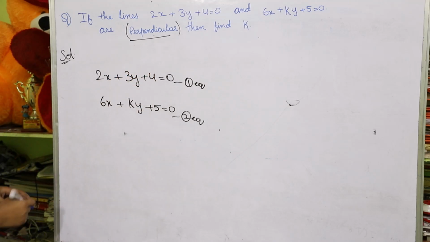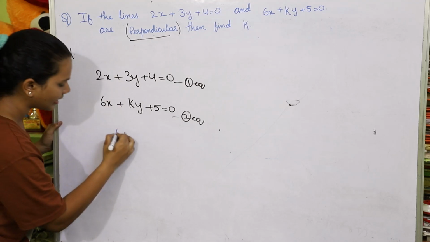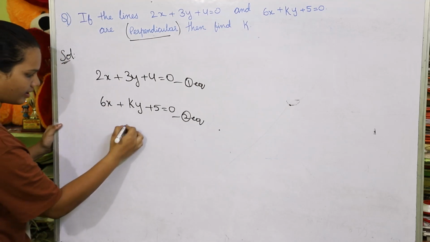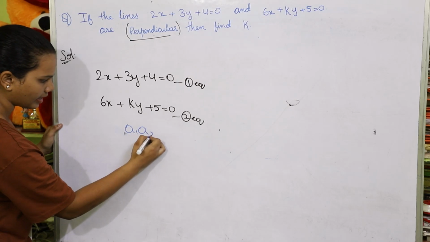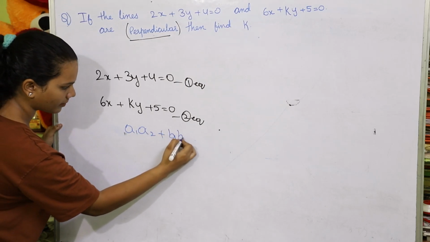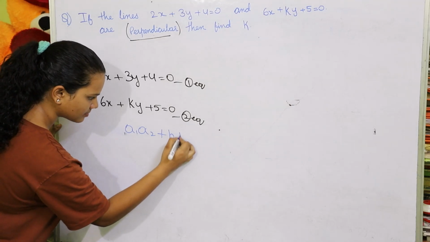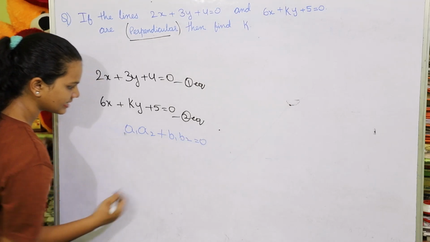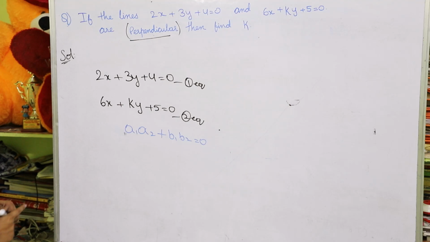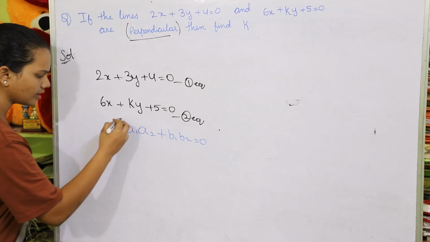So first let's find the formula for perpendicular lines. The formula is a1 into a2 plus b1 into b2 is equal to 0. Just remember the formula, it's a very useful formula.